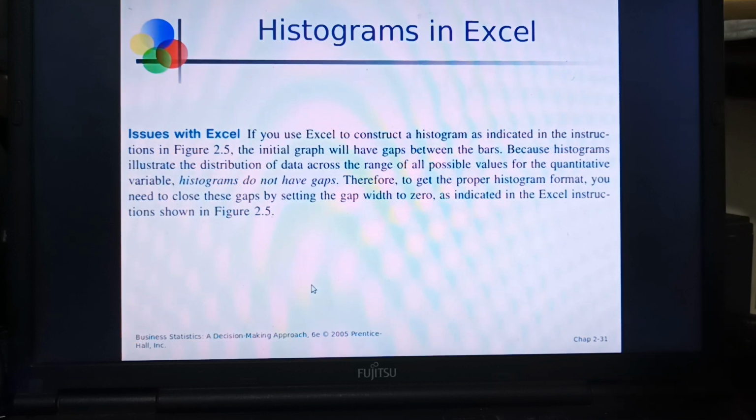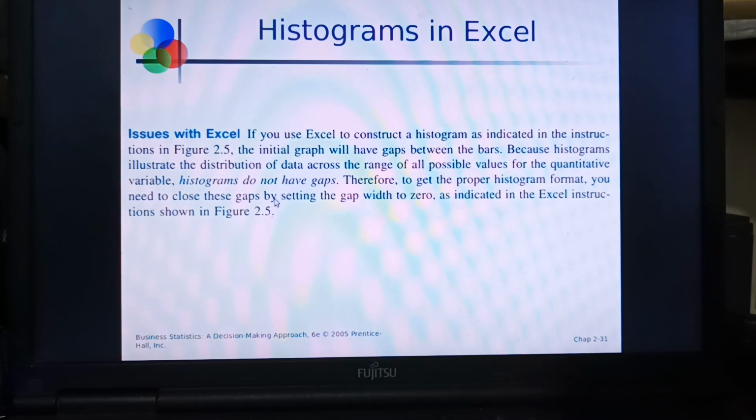Now, there's an issue with Excel. If you use Excel to construct a histogram, as indicated in the previous instruction, figure 2.5, the initial graph will have gaps between the bars. Because histograms illustrate the distribution of data across the range of all possible values for the quantitative variable, histograms do not have gaps.